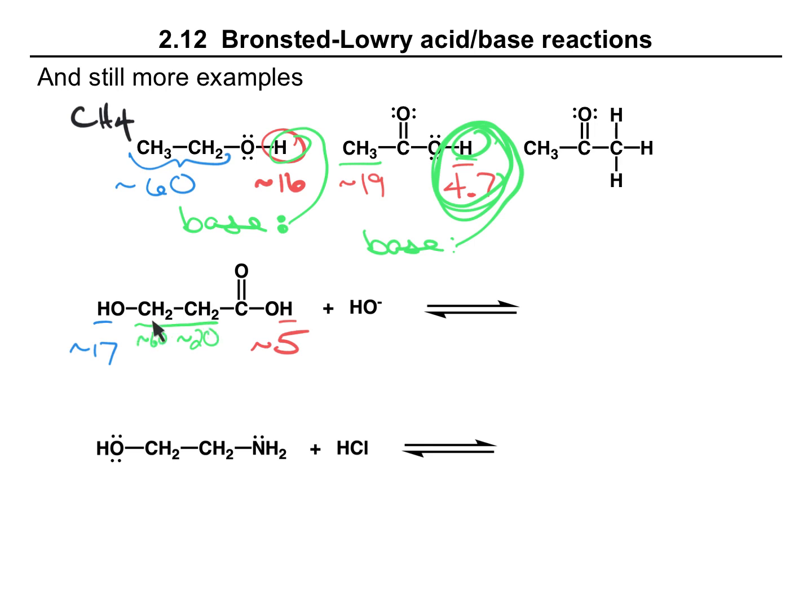These numbers might be really off as estimates, but who cares? They're so much bigger than this one that no matter what, we know these aren't going to be pulled off. This one is so much weaker an acid, and therefore, if this compound is treated with base, the base is going to go for the easiest thing possible. It's going to grab off the most acidic proton, and so it's going to be this one.